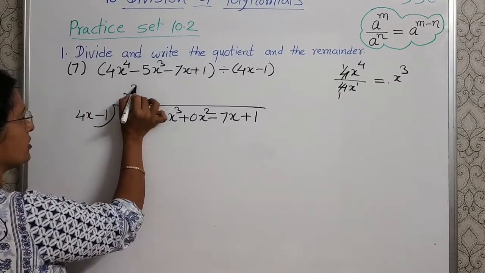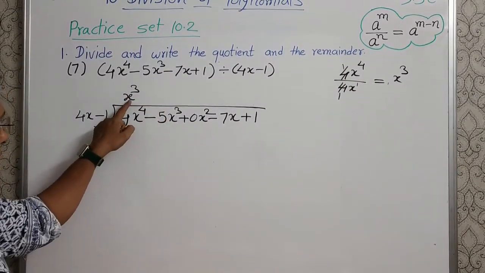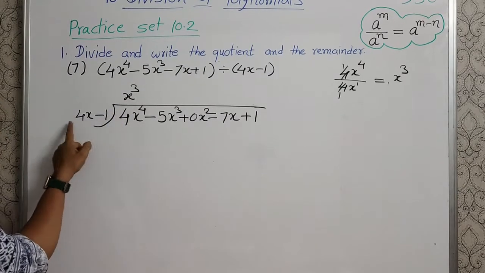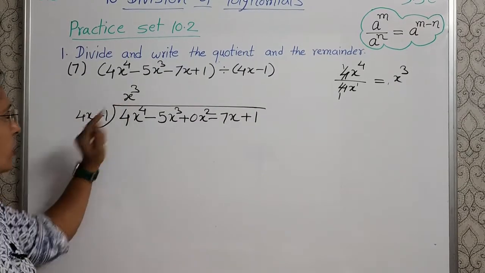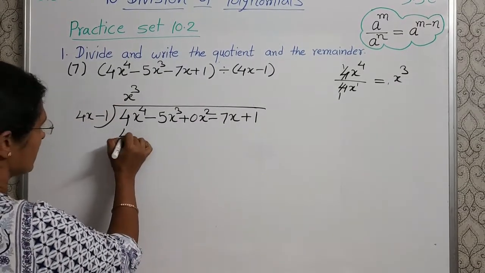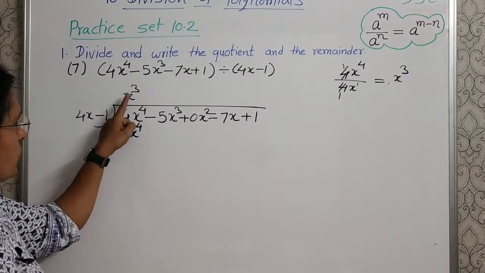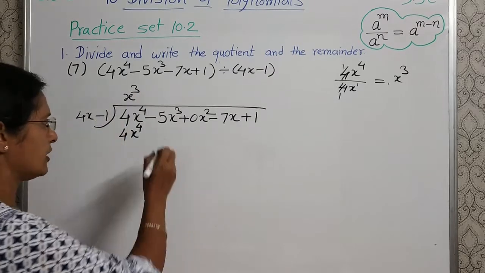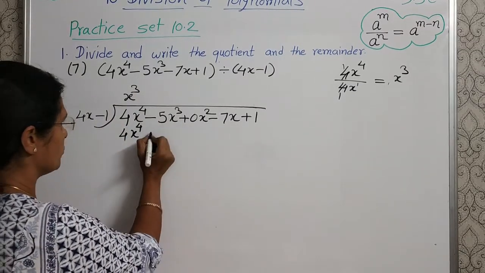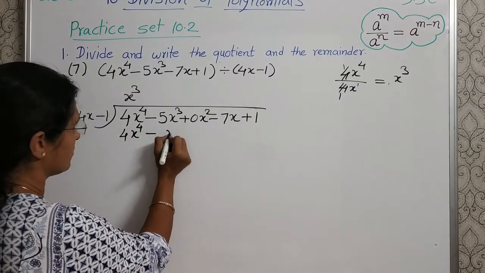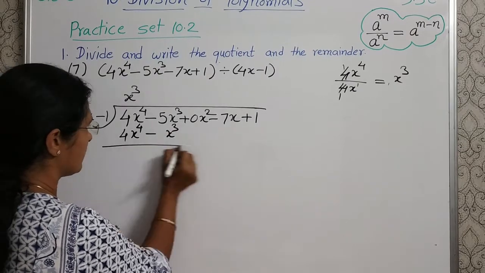So write the quotient here. Now multiply this quotient with this divisor. 4x into x cube will be 4x raised to 4. Minus 1 into x cube is minus x cube. Write it below minus 5x cube. These are like terms. Now subtract.